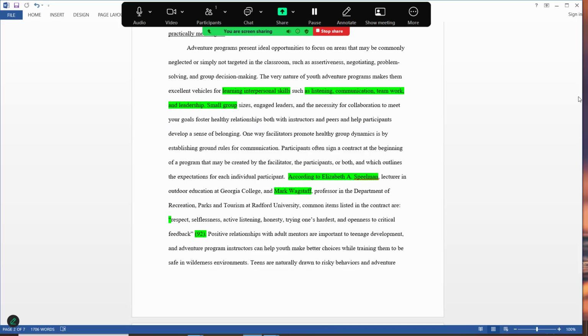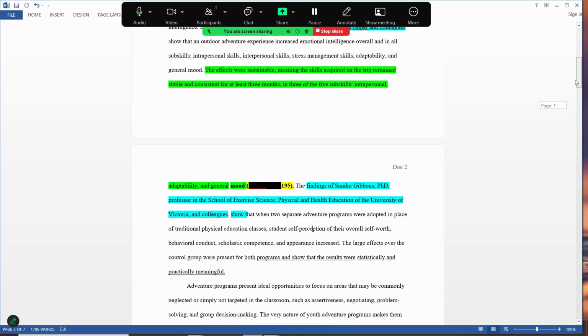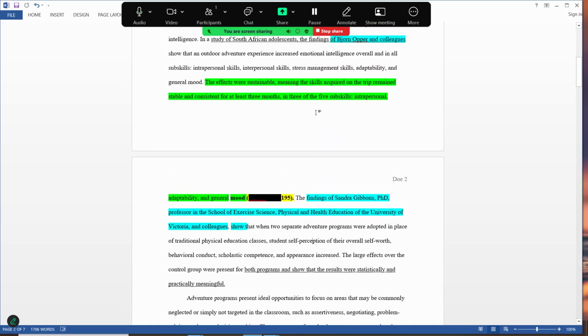Okay. So therefore, if that next researcher wants to know, hey, where did we get this information? Where did we get that information that skills acquired were stable and consistent for 3 months? Where did she get that? Well, we need to know, one, that Beyond Opera said it, and we need to know, two, it is on page 195.